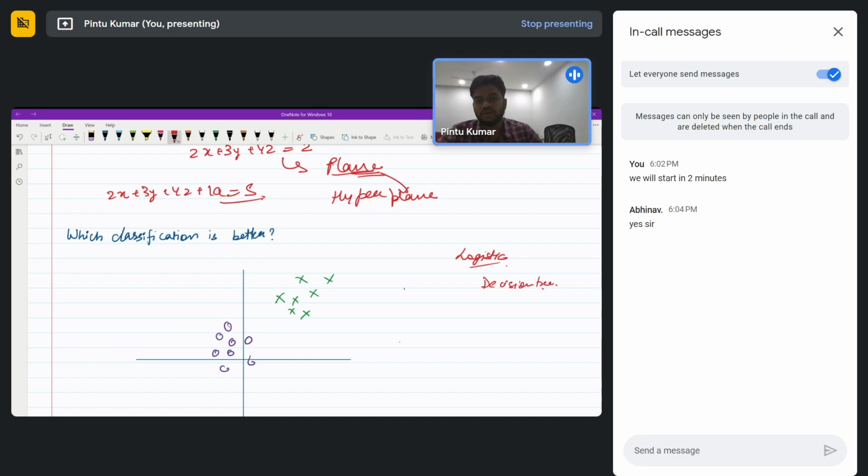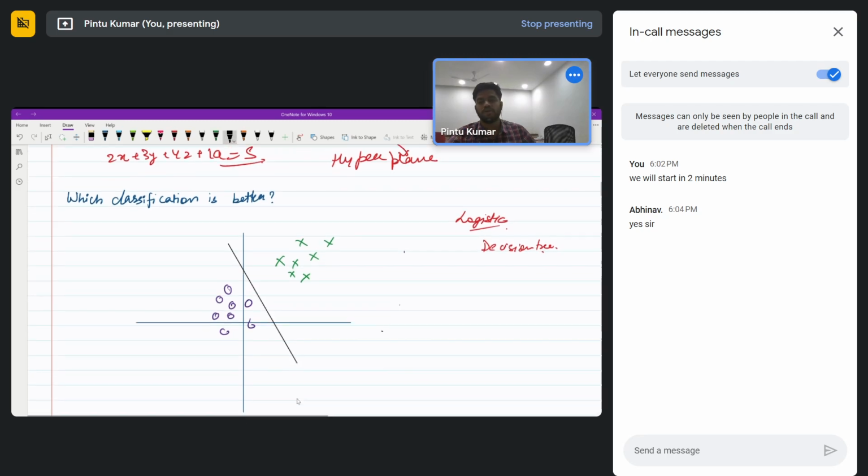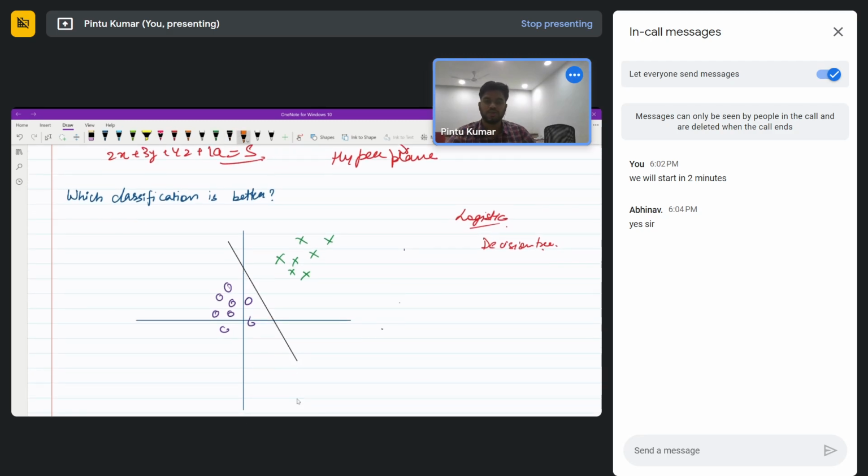So let me draw two lines. One line is this black one, and another line is this orange line that I'm going to draw. Let me just shift this a bit.